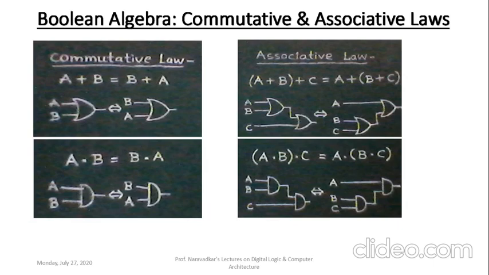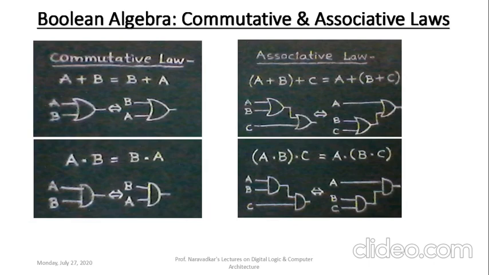Earlier, two commutative laws which are duals of each other. It is very simple. Wherever you find plus means OR operation replaced by dot means AND operation. In both cases, commutative as well as associative law, you can observe A plus B is equal to B plus A. That is first law, commutative.